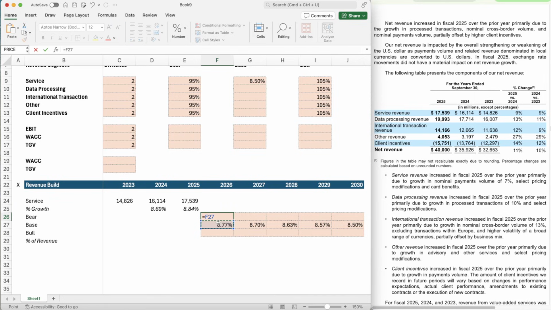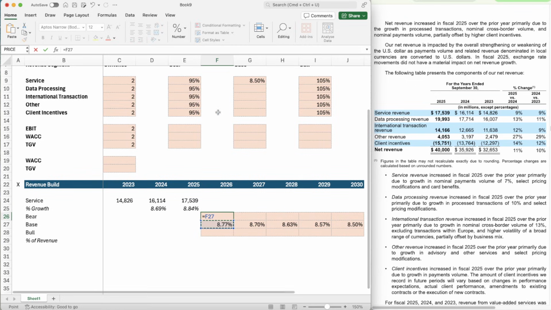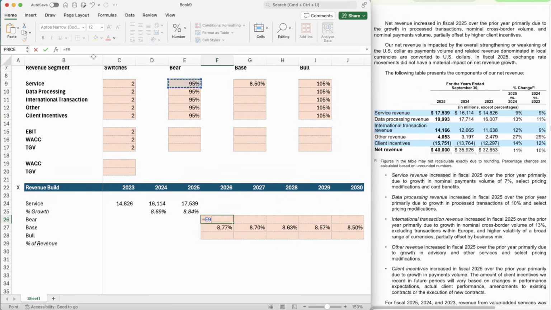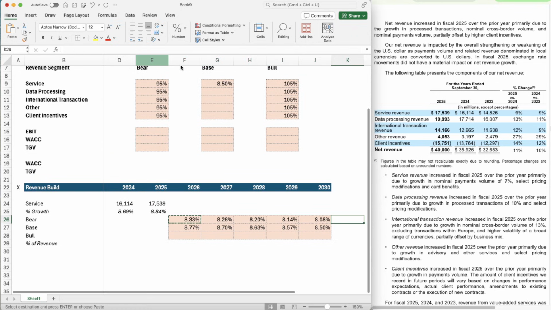Now to work out the bear case, we take the base and we multiply it by the bear scenario. Equals multiplied by E9. So we put a $ in front of the E and a $ in front of the 9 to lock that in, which means we can copy it over, and as you can see, it will always use that cell.